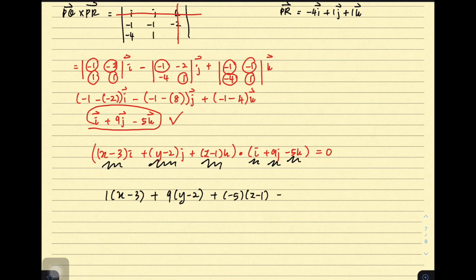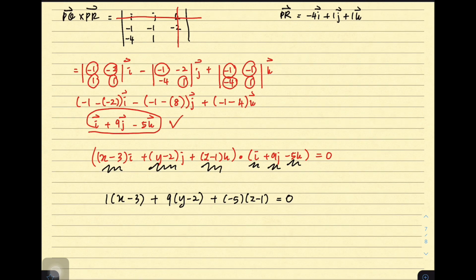So it will give you equal to 0. Next our task is to expand. This one is 1 times x minus 3, so you will have x minus 3 here plus 9y minus 18 minus 5z plus 5.